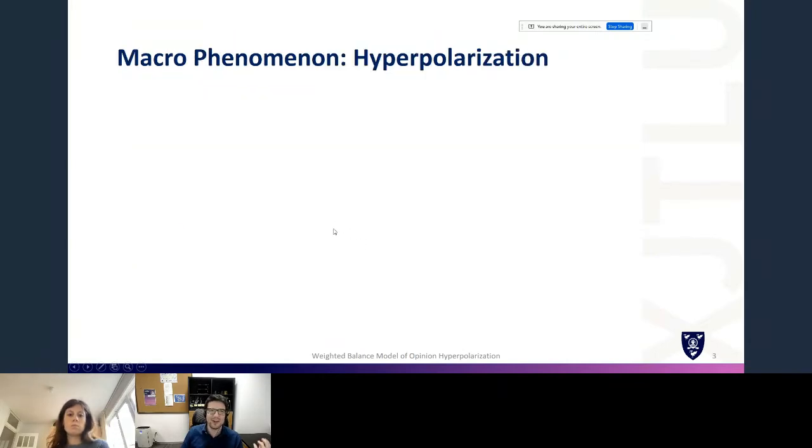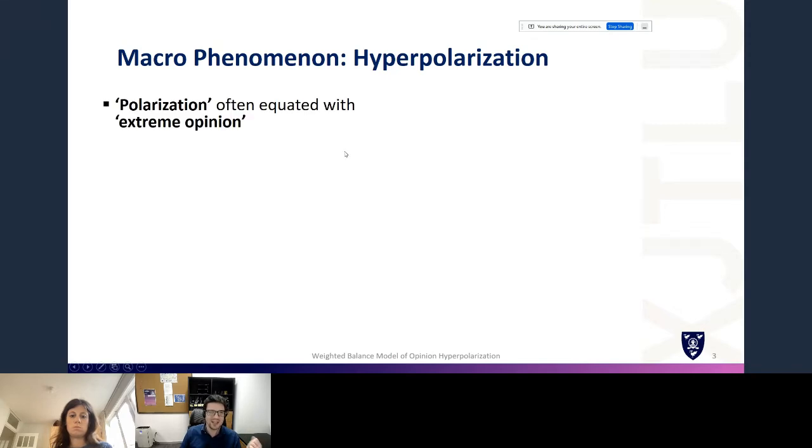So what phenomenon am I aiming at with my model to explain? The phenomenon that I want to explain, in the paper we call hyperpolarization. We call it hyperpolarization because we are basically aiming at the modeling community. And in the agent-based modeling community, sadly, polarization is often simply equated with extreme opinions.